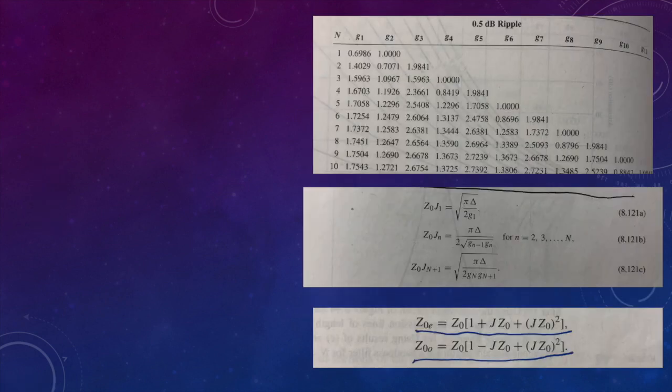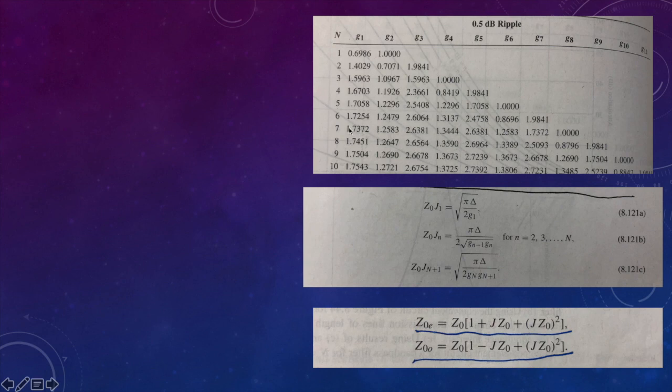We can check a table called the 0.5 dB equal ripple filter prototype, and we find that when the number of stages is 7, it indicates what the g parameters should be.